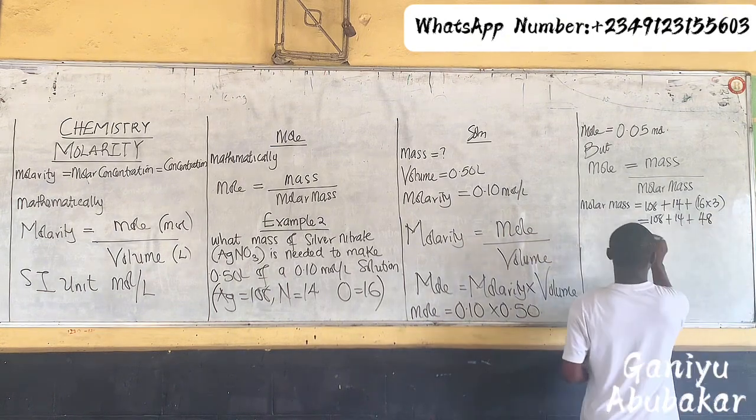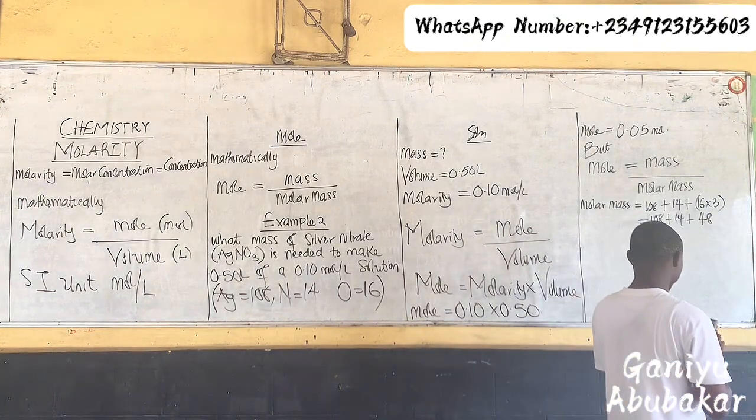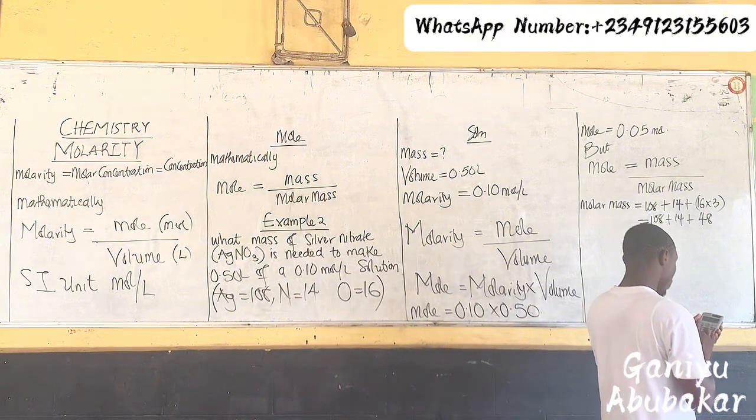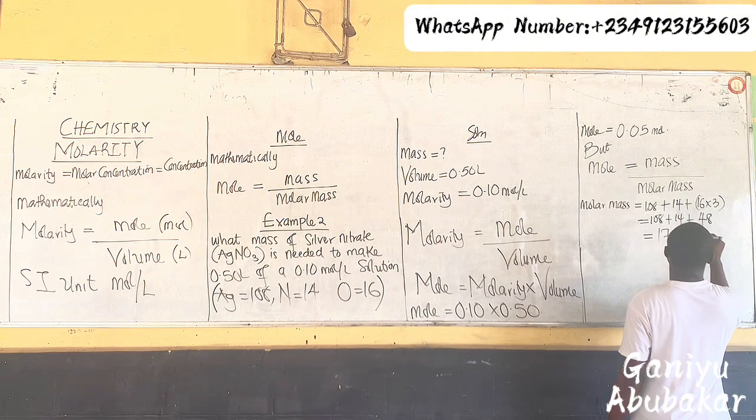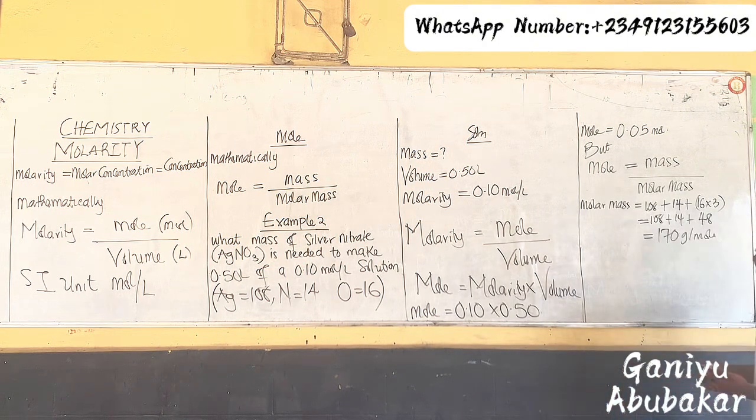If I add up these values together, 48 plus 14 plus 108, I have about 170 gram per mole. All right, it's now easier for me to find mass.